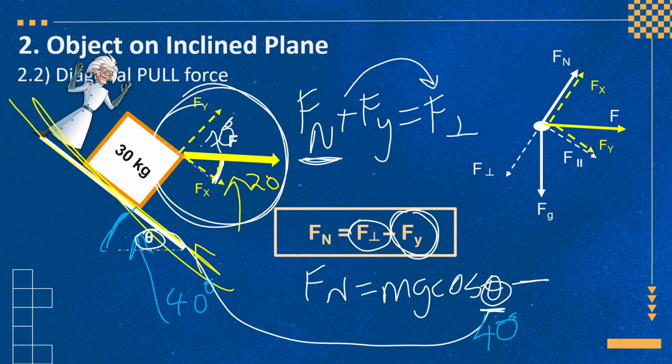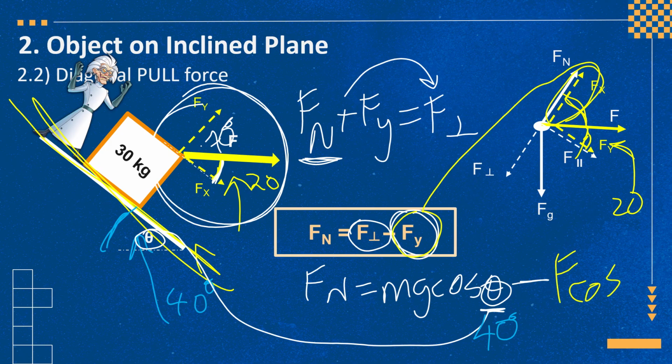Let's not confuse ourselves. So that angle is 20, that angle is 20, so that angle is 70. So if you want to write an expression for Fy, then it will be either F cos 70, or you can call it F sine 20, whichever you prefer.